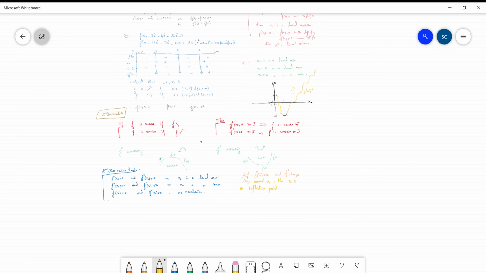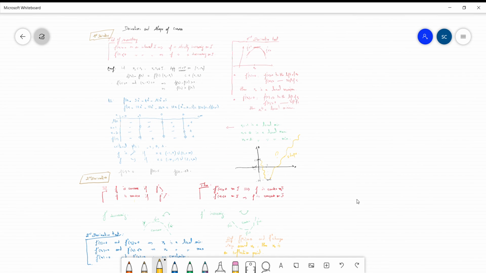That means we could study the sign of the second derivative, when our function is differentiable, to see where it is convex and where it is concave. We also have another test, the second derivative test for the critical points. And the point where the function changes concavity is called the inflection point. So this is what we learned today.